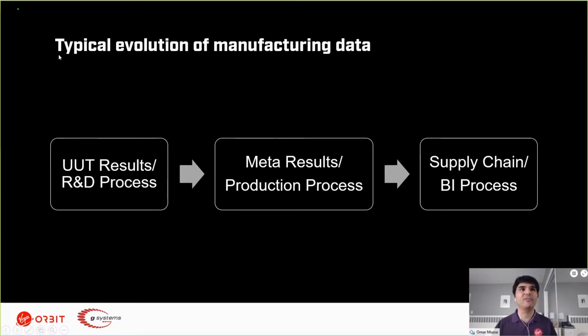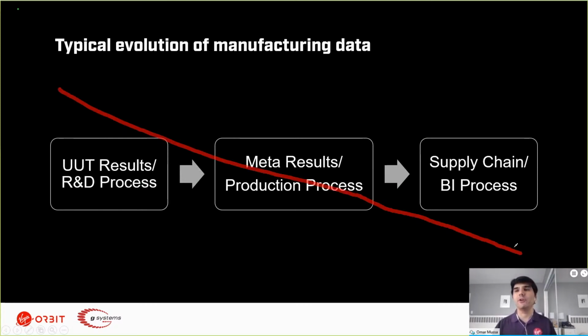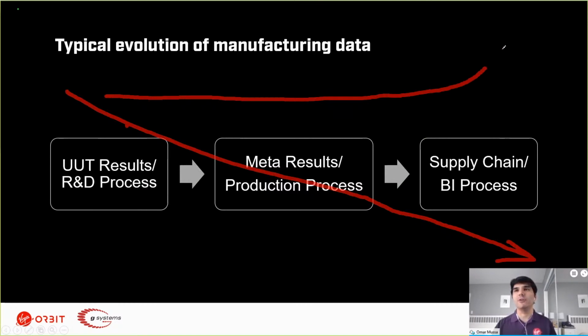Instead of having effectively a dropping value as we go this way, because we aren't able to use LabVIEW or the tools around LabVIEW very well to extract that value, SystemLink helps us flatten that out and go more linearly, or even start to go this way, which is what we really want: extracting maximum value out of the data generated.